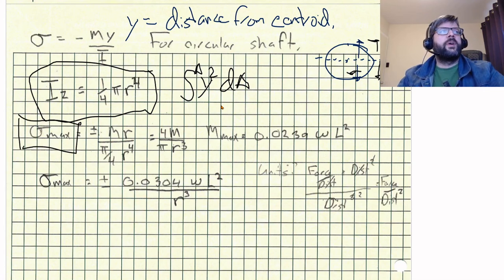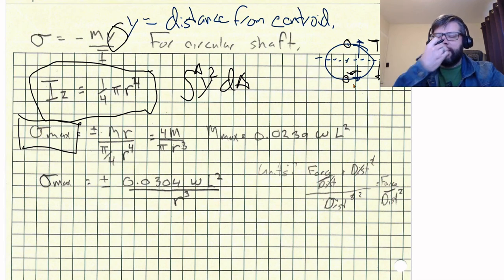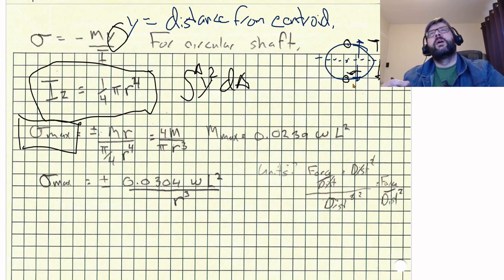with our y value being replaced with the r, because we know that it's going to be maximum at the top and maximum at the bottom, depending on whether it's a maximum compressive, which would be at the top, or a maximum tensile, which would be at the bottom.